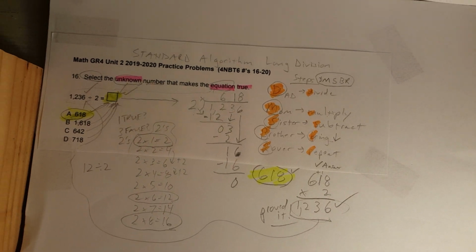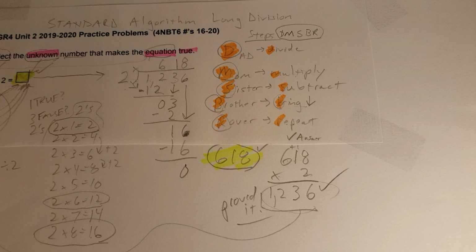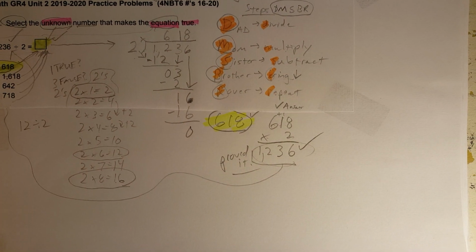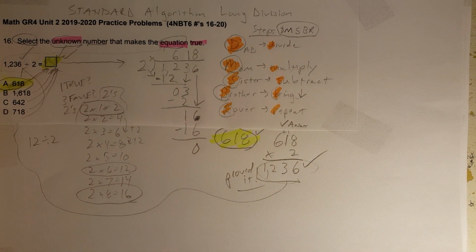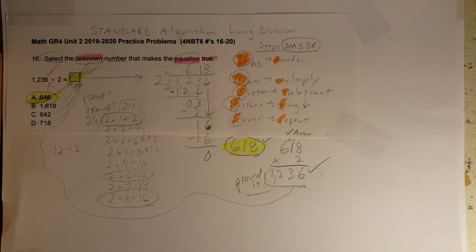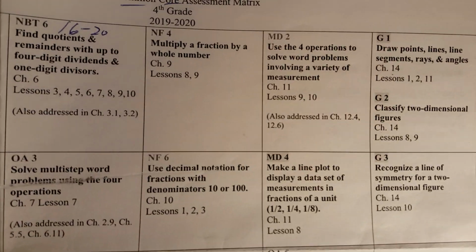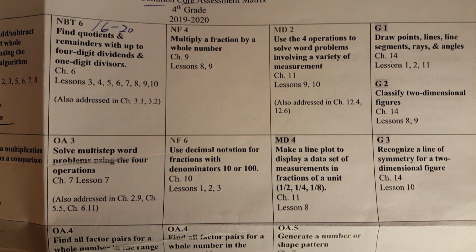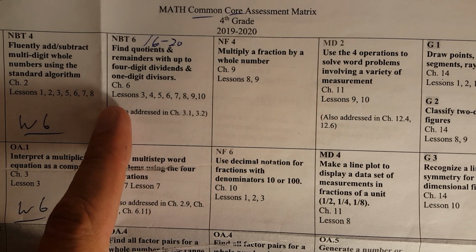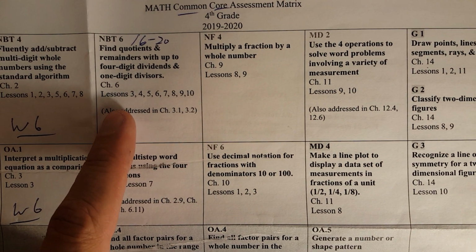Now, I did make a mistake. Wrong standard. Oops, it happens. So be it. What do I mean by that? Here is the correct one. Okay? So if we're coming down, it's this one right here. 16 through 20. I apologize.